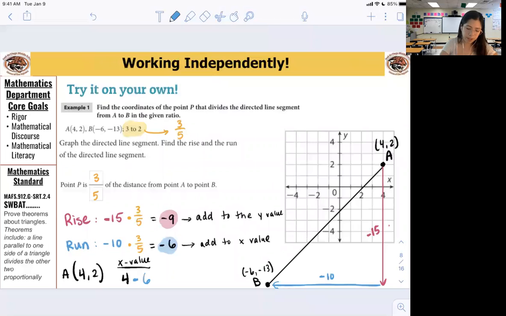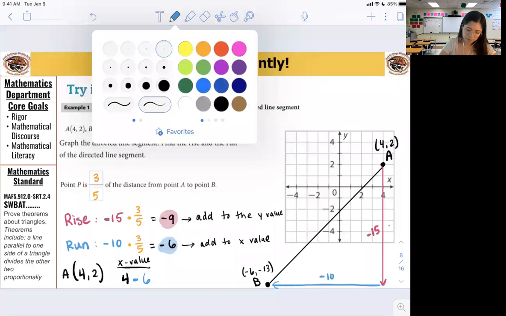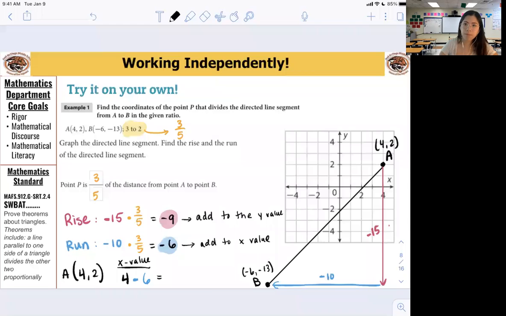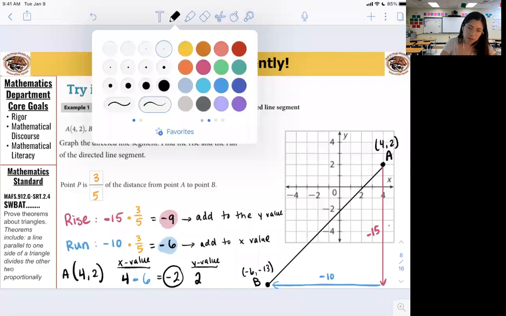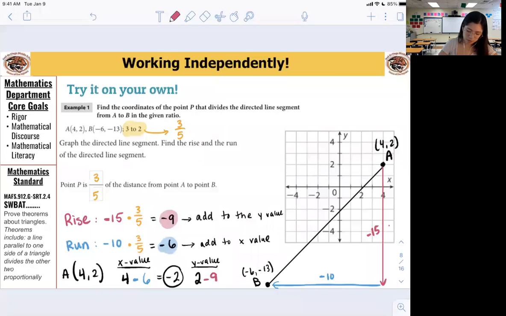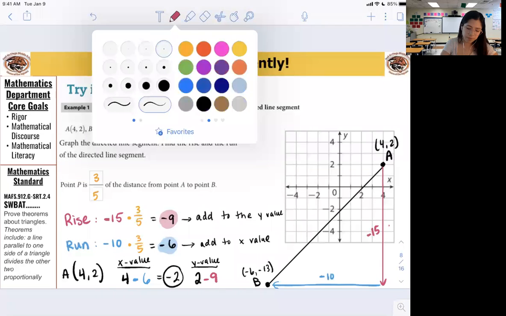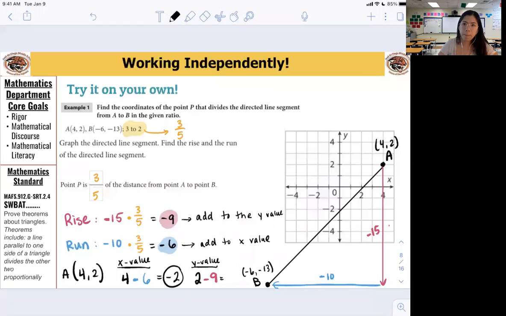Four minus 6, what do I get? Negative 2, good. And for the y value, I'm doing 2 minus 9, which gives me negative 7. So point P is at negative 2, negative 7.